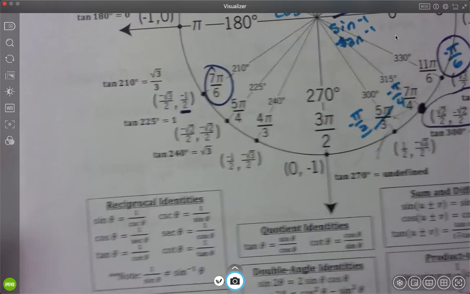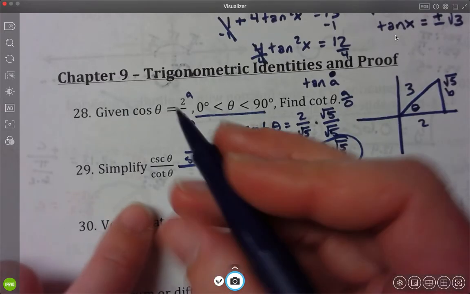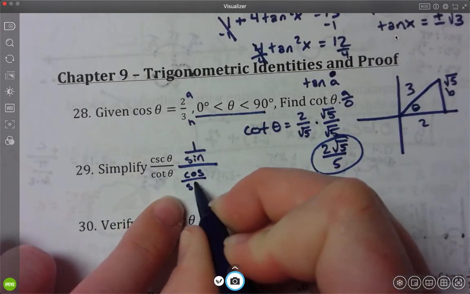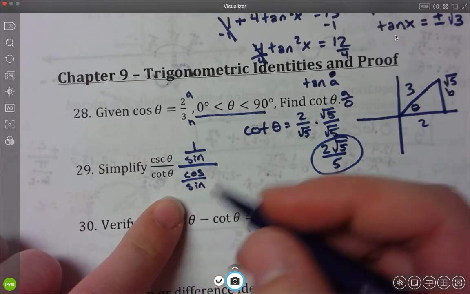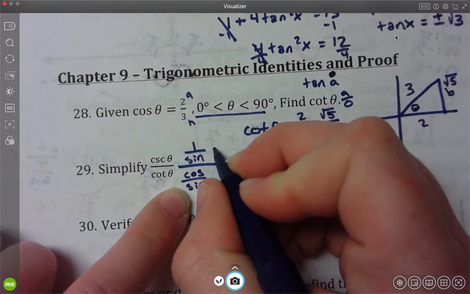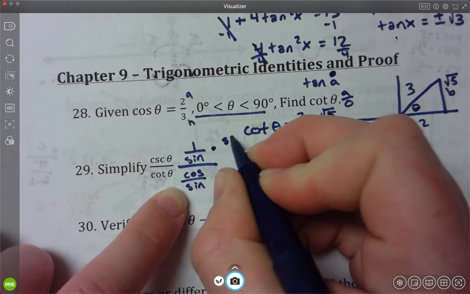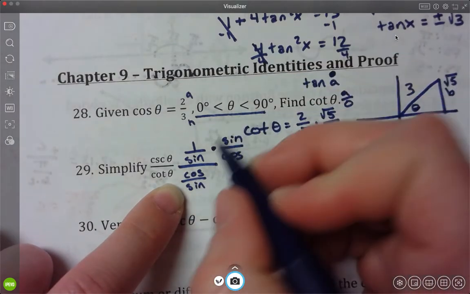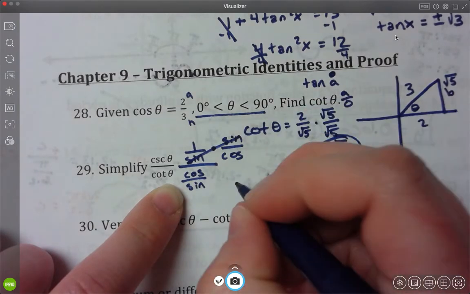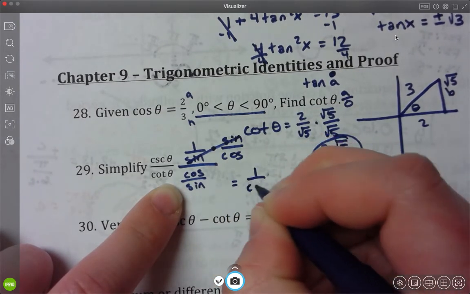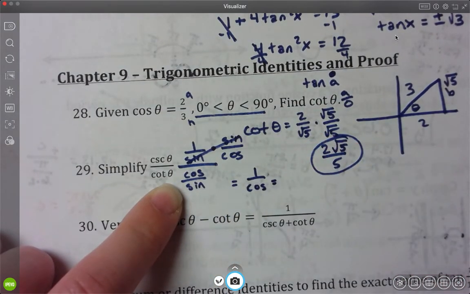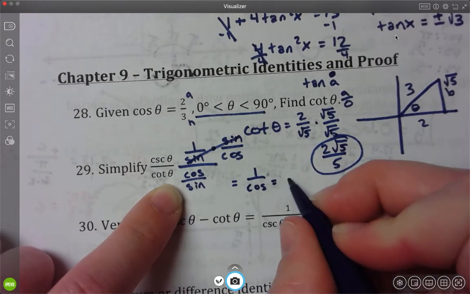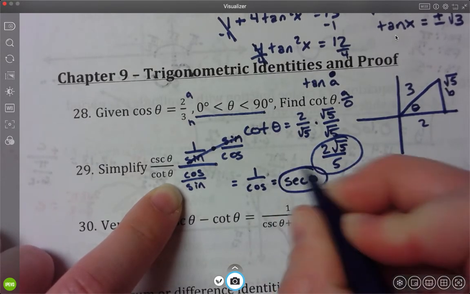So I'm switching everything to sines and cosines. So this is cosine over sine. And then I'm going to flip this guy to the top. So I'm going to multiply by sine over cosine, because that's what he is flipped. The sines are going to cross out, and all I have left is 1 over cosine, which is, what is that, secant? Secant of theta. So that's what he will simplify to.